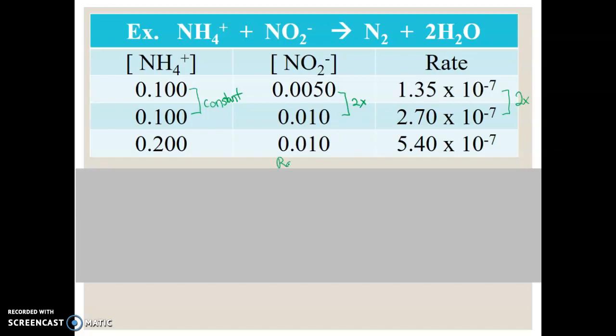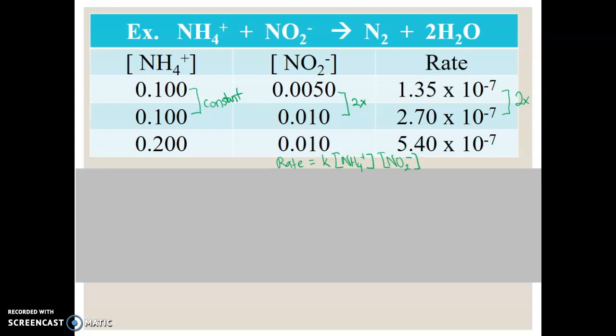So the rate is going to be equal to K times the concentration of NH4 plus times the concentration of NO2 minus.